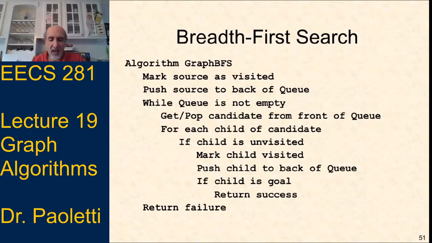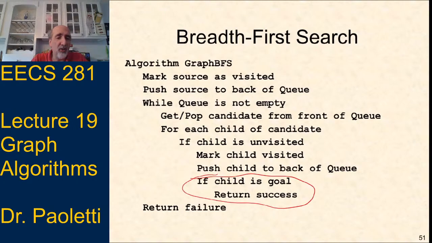Now it really comes down to when we check this. So it's stated here in the slides, we listed it as we push it. So as we push it, we're going to test it. We don't wait until it comes out to say, hey, is the one that I took out the goal?